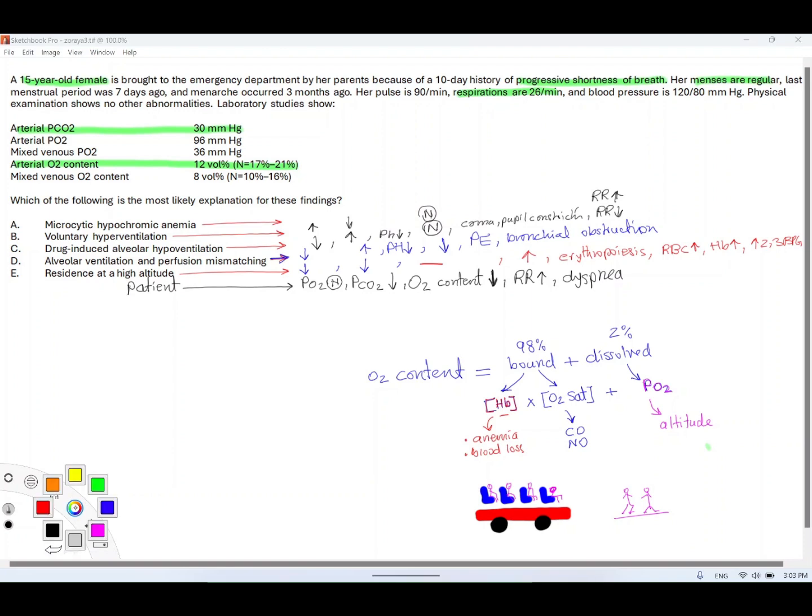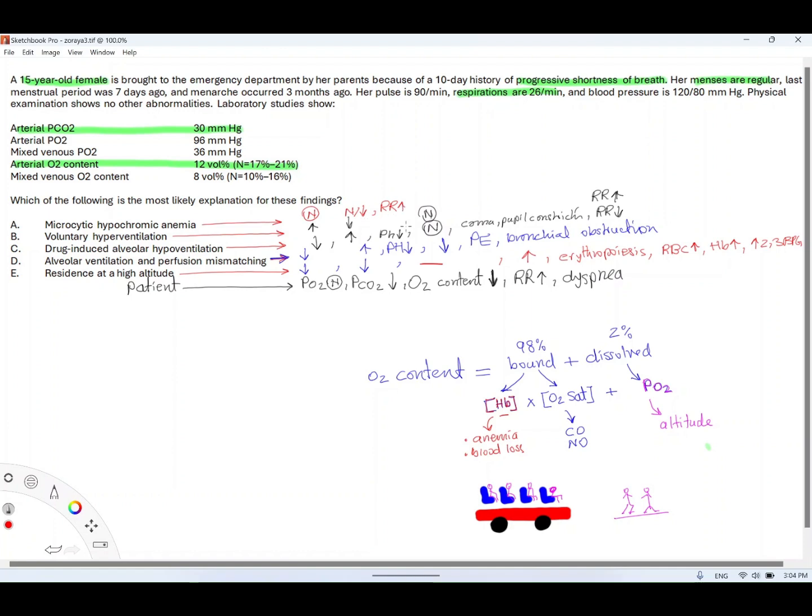Look for those things. Let's look at anemia. In anemia, you would expect oxygen pressure to stay the same. You will expect carbon dioxide pressure to stay the same unless there's tachypnea, right? So it's normal or decreased, that's the carbon dioxide. And respiration could be normal or increased.